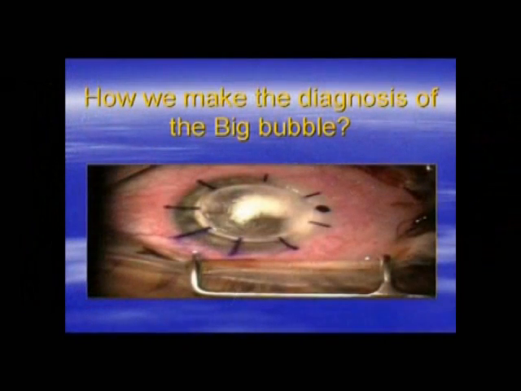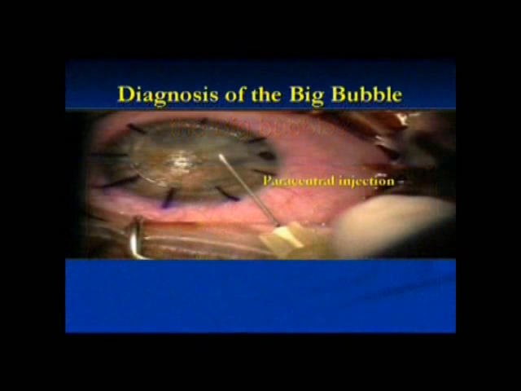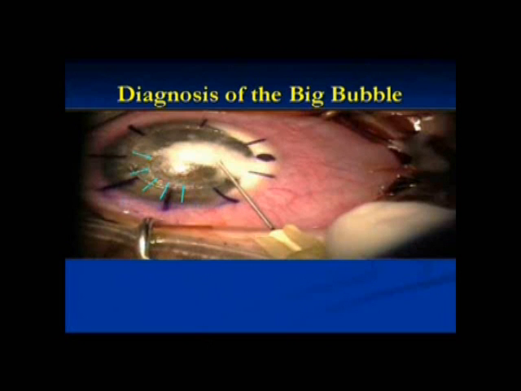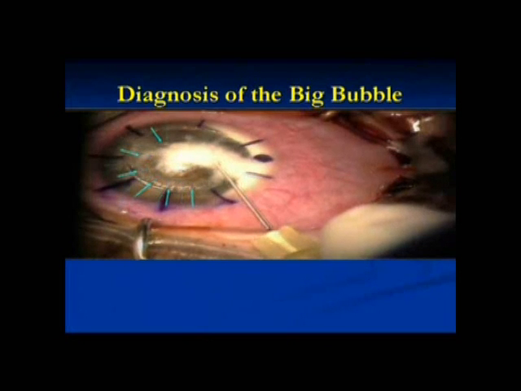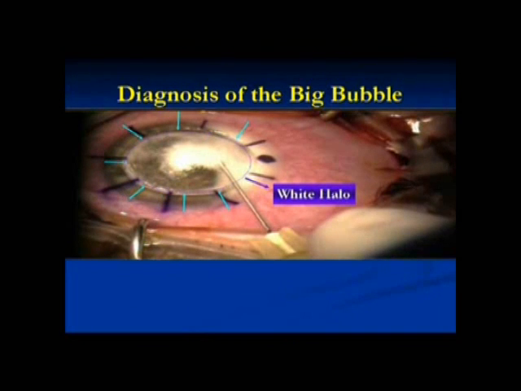How do we make the diagnosis of the big bubble? We can find 5 signs: expansive wave, white halo, protrusion, semi-opaque reflex, and ocular hypertension.